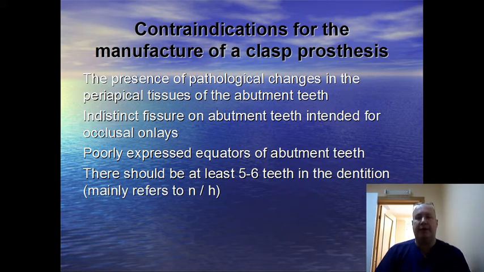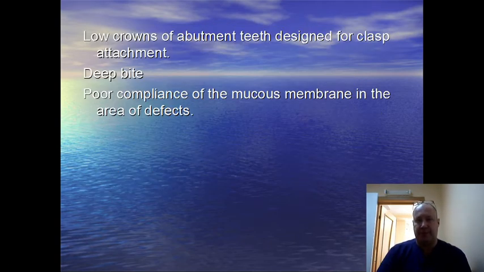There should be at least 5 or 6 teeth in the dentition, mainly referring to the lower jaw. Low crowns of abutment teeth designed for clasp attachment, deep bite, and the last contraindication is the poor compliance of the mucosal membrane in the area of defects.